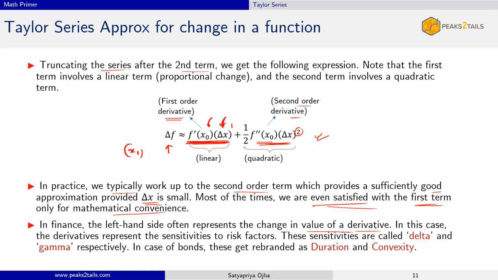All these are risk factors or inputs. Okay. So we'll do that after we understand multivariable calculus, where we deal with multiple inputs. Today we are talking about a single input. So you can think of maybe bond value versus yield. There is an inverse relationship. If yield goes up, bond price goes down, vice versa.